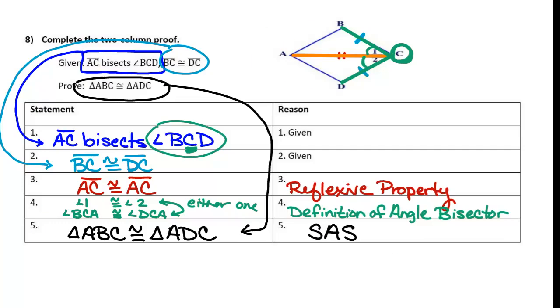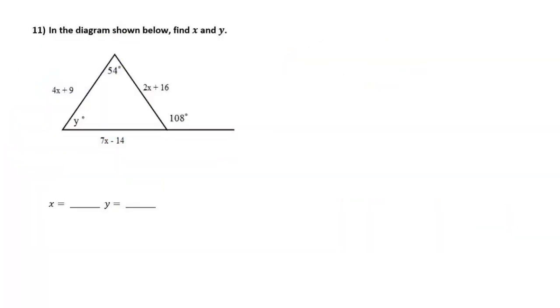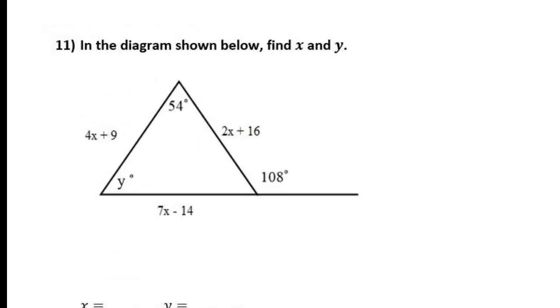All right, what else would you guys like to see off the review? Number 11. All right. So on number 11, we've got X's and Y's in the problem. First thing I'm going to go looking for, though, anytime we've got angle stuff going on, I'm looking at my angles.